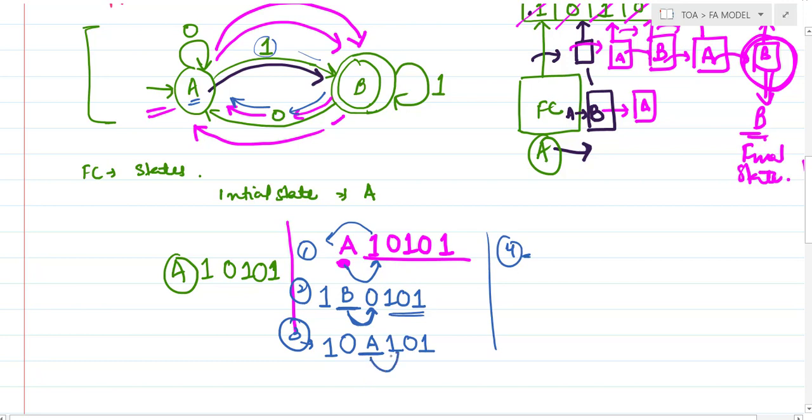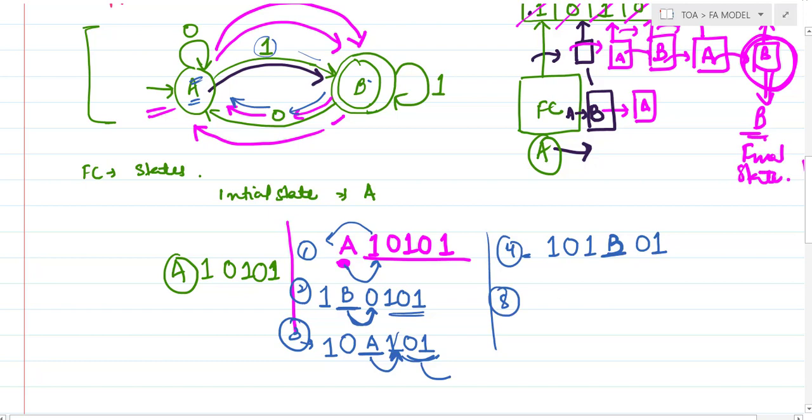Now at A we have the input symbol 1. At A, input symbol 1 again goes to B. 1 and 0 are already read. Now this one is also gone, so it's read, and there is a change in state from A to B, and the unread symbols, that is 0 and 1, will be written here.